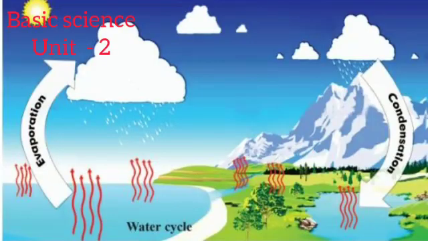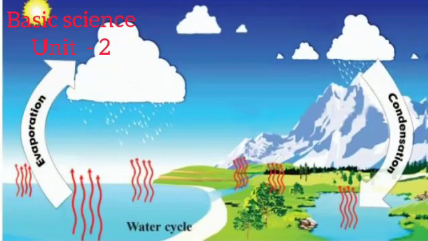Water from the water bodies gets evaporated due to the heat of the sun, and it goes high up in the atmosphere. In the atmosphere, the temperature is very cool. So this water vapor changes into water, and that process is called condensation.